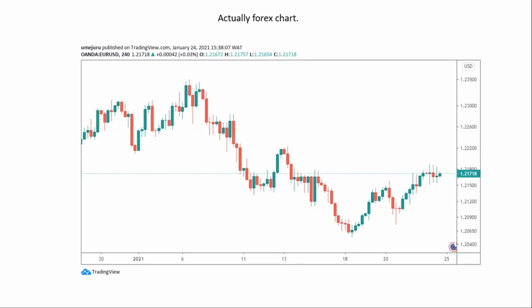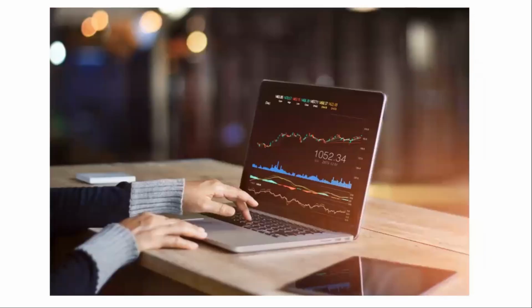Of course, you've just seen the chart, and we see clearly that there is a Forex trader behind the screen. It's important to show you this because this is what a Forex trader must look at on a daily basis.